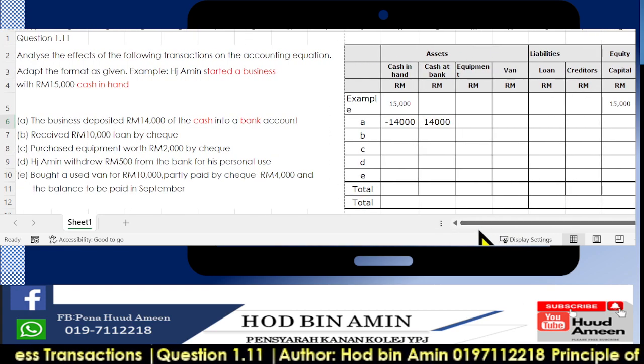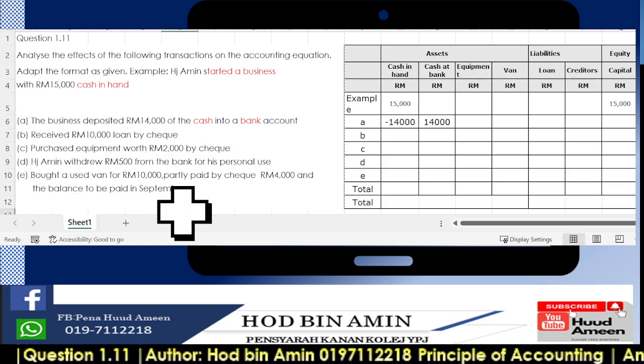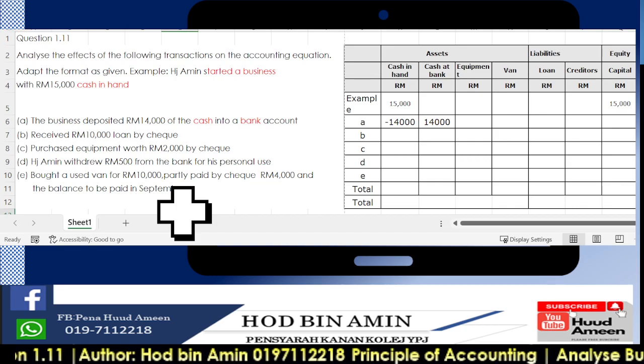Question B, receive loan. So we have to understand what is receive 10,000 loan by check.